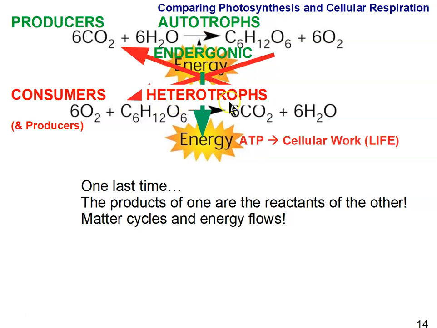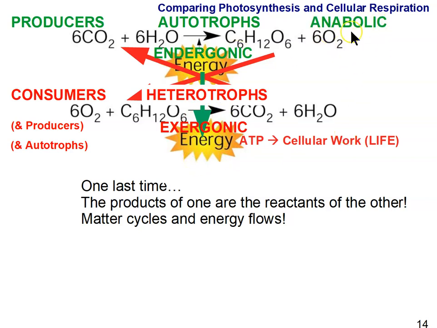Heterotrophs, in general, are carrying out aerobic cellular respiration, but don't forget that autotrophs are also carrying out aerobic cellular respiration too. They have to break down the food that they make, and aerobic cellular respiration is an exergonic reaction. Energy comes out, right? So that term goes along with what's going on in aerobic cellular respiration.